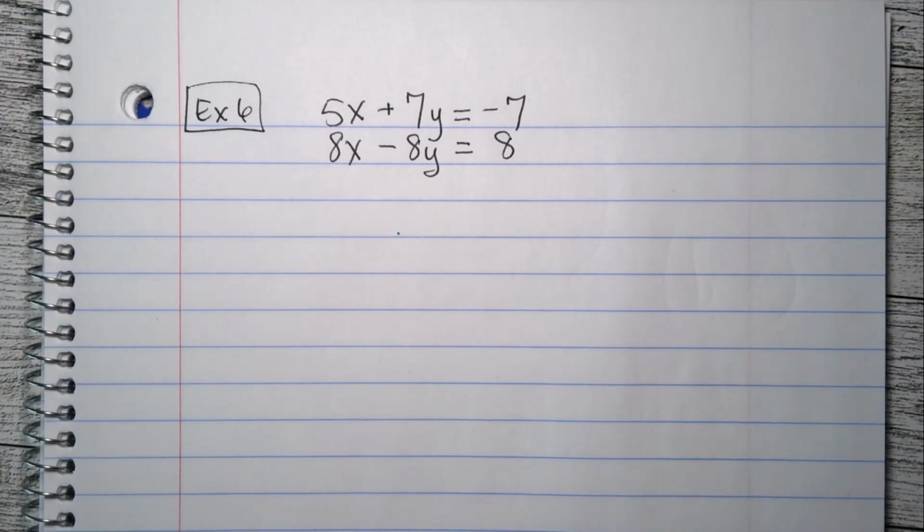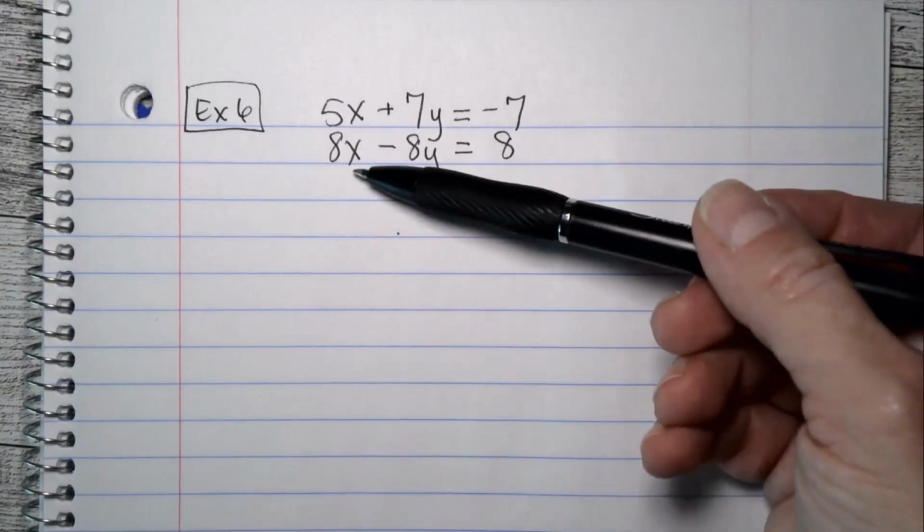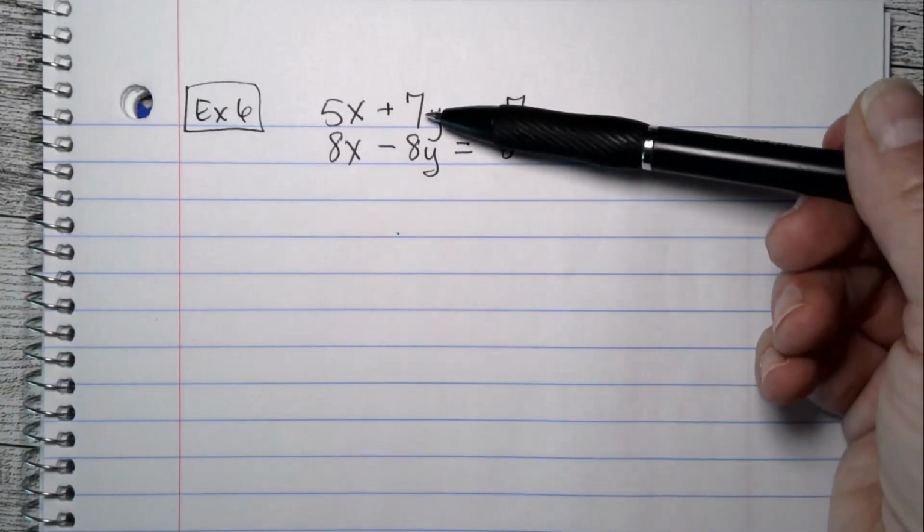Here's the problem with these. There's no easy way to just multiply. Can't you multiply by each other? Yeah, you're going to have to multiply by each other. So you already have seen these before. But there's no way I can just multiply 5 times something and turn it into an 8. I can't multiply 7 times something and turn it into an 8.